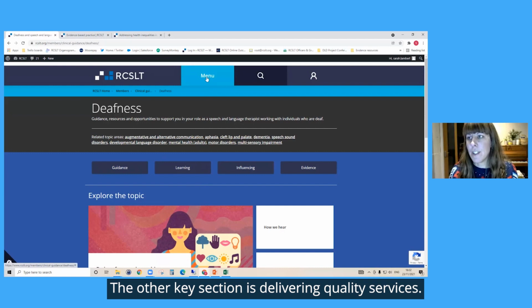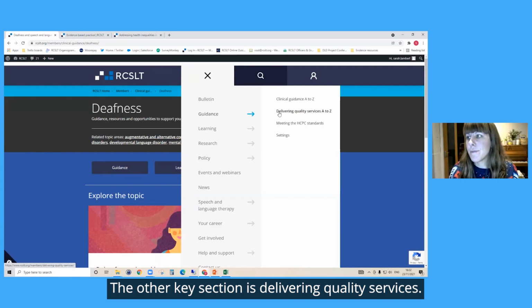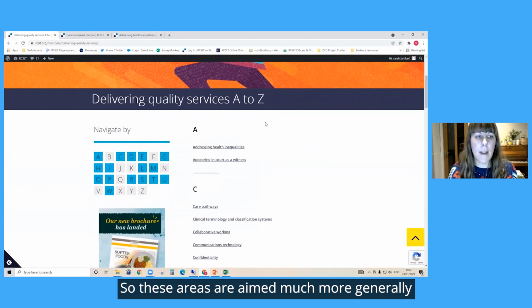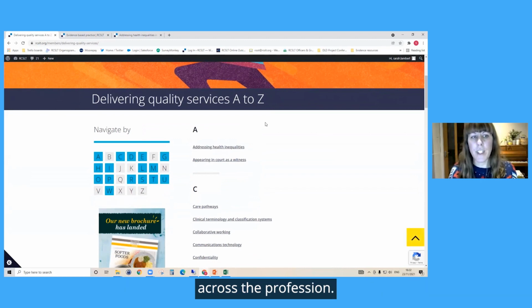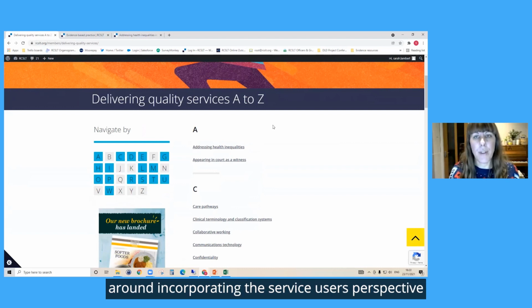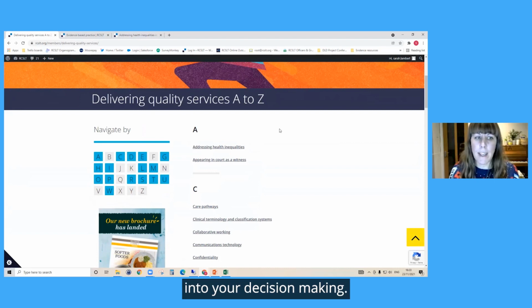The other key section is delivering quality services. So these areas are aimed much more generally across the profession, and a lot of these are relevant to that part of the model around incorporating the service user's perspective into your decision making.